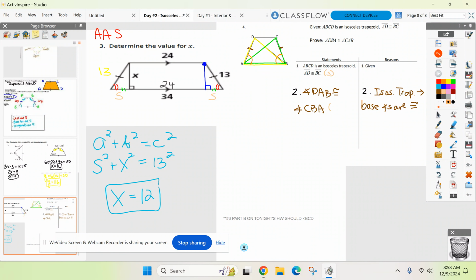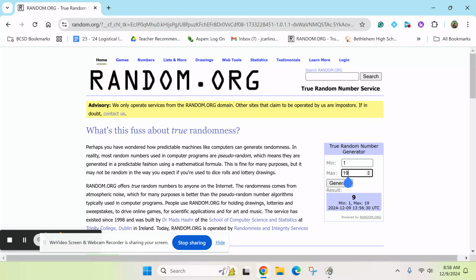All right, we got a pair of angles down. Got it? Looking for at least one more something, right? And those 2 overlapping triangles. Anything here you want to go with?